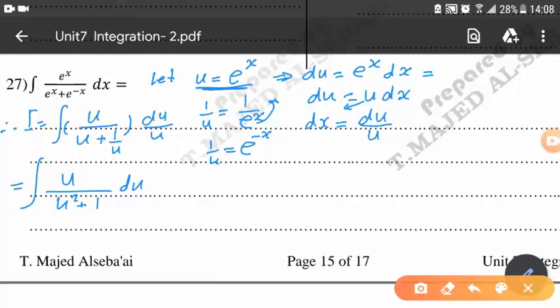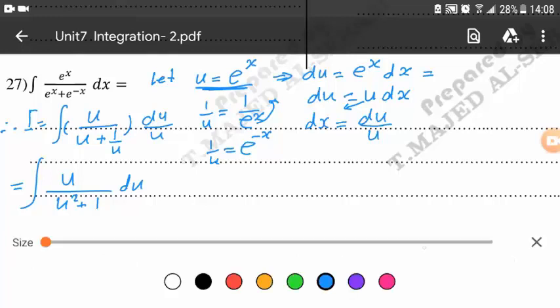I need you to notice now that this is almost the derivative of this, right? What is the differentiation of u squared? It is 2u. I have part of it, which is u.